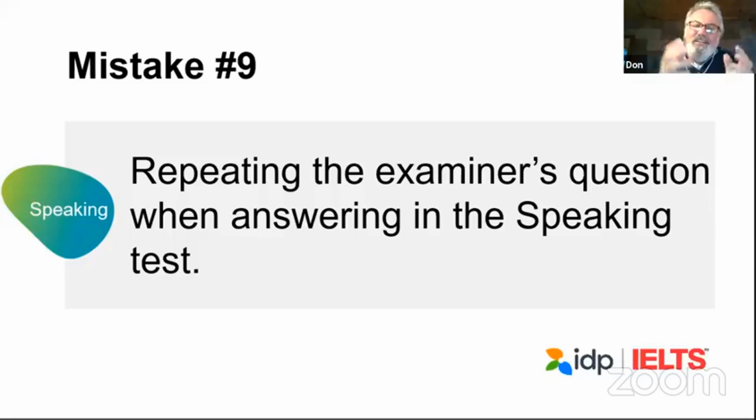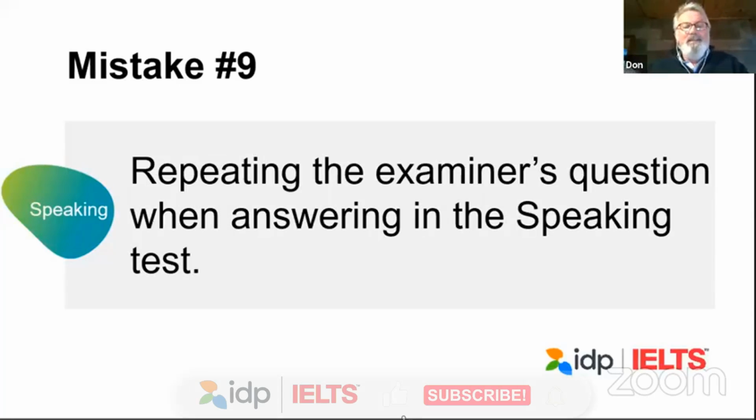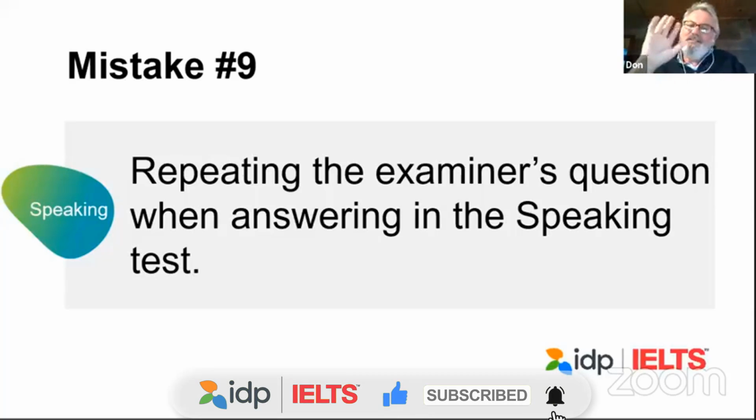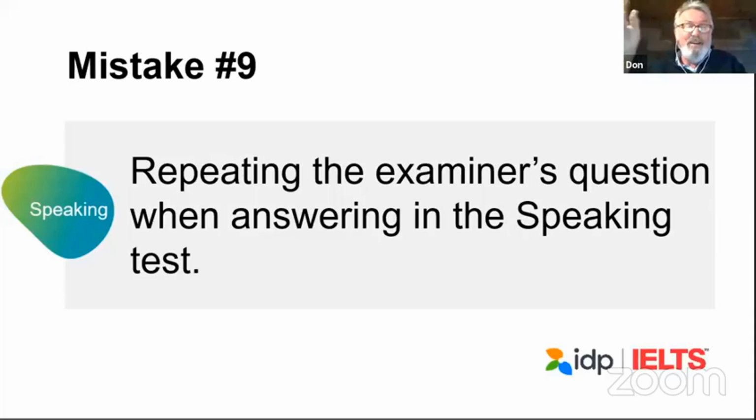Now, if you continue to do this, to simply take the words that the examiner gives you and use them, you can do that sometimes, but if that's what you're doing all the time, then the examiner will think, well, this person does not have a very wide range of words. So practice using some different words.